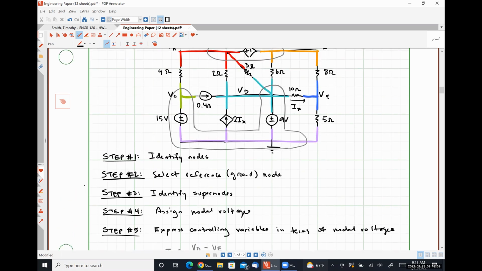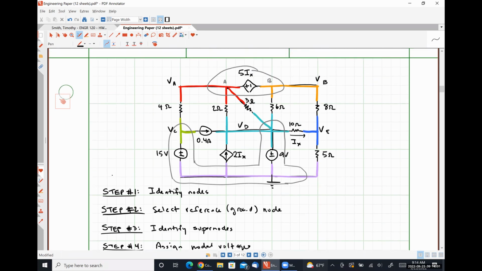So how many voltage sources do we have? 3. So that means we're going to have 3 voltage relationship equations. Let's start with the top one. How I write these is the voltage provided by the source.